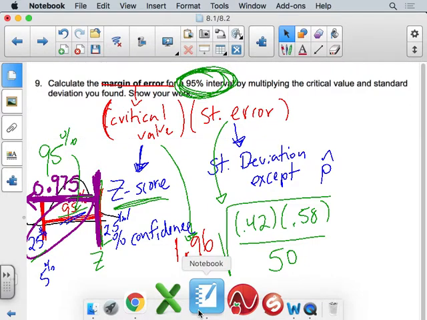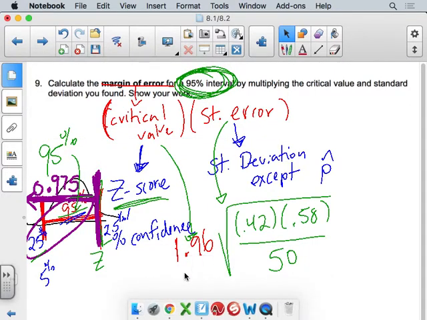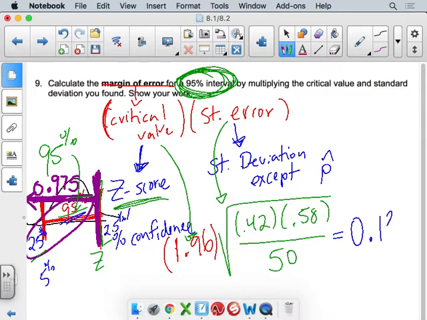So what I'm doing here is I'm going to do 1.96 times the square root of 0.42 times 0.58 over the square root of 50. And what I got, and hopefully check this on your calculator, should be right, 0.137.